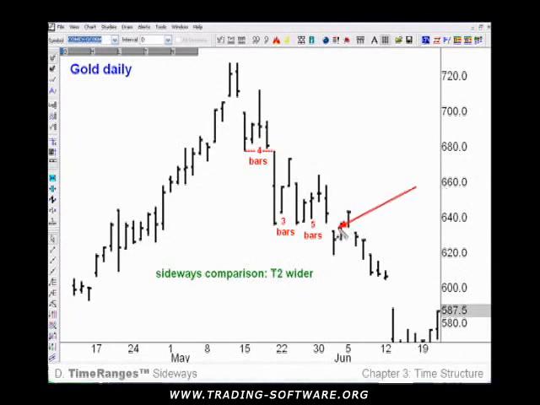So the breakthrough here, the confirmation point, which is this gap down bar, tells us that there should be further downward moves to come. But keep in mind one thing. From this pivot high over here, we did not break through right away.